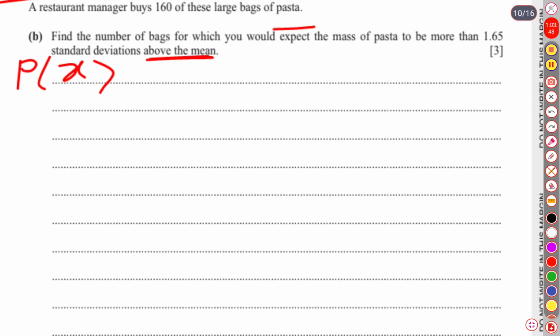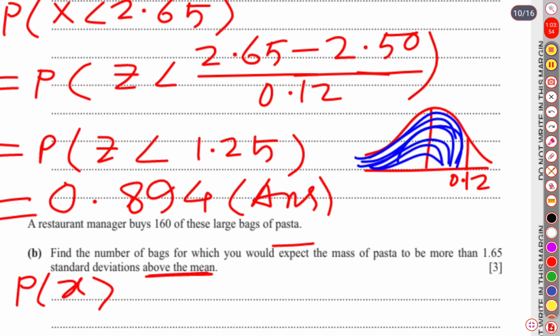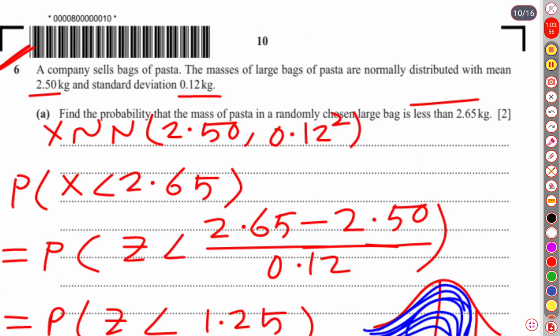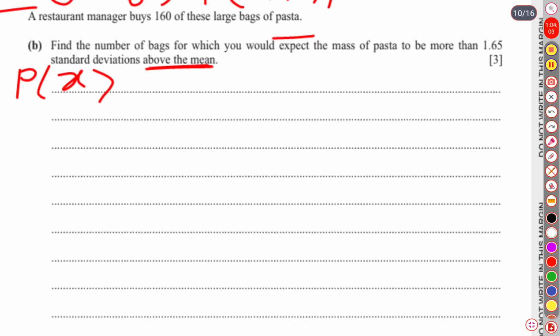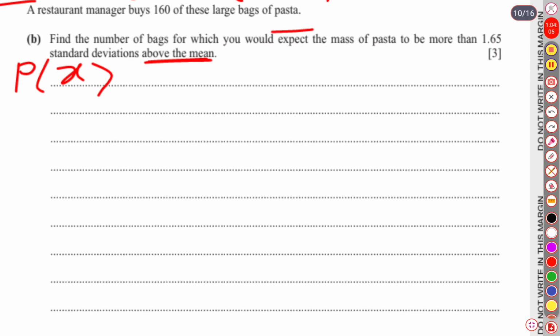As it is above the mean, we will have to add, and our mean is 2.5 kg. So above the mean means we will have to add 1.65 of the standard deviation.